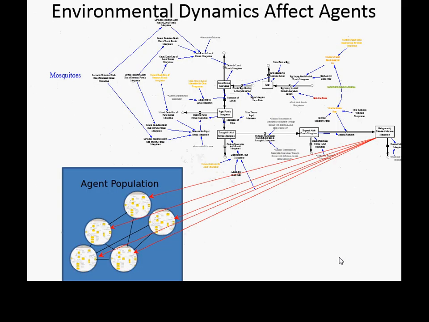Finally, we do have cases where a higher level model that's captured in system dynamics might affect, for example, an agent population. This might be dynamics associated with weather or climate change, dynamics associated with a mosquito population, and that affects agents who are individuated at the level of individual persons, so that we can capture the rate at which they're bitten.